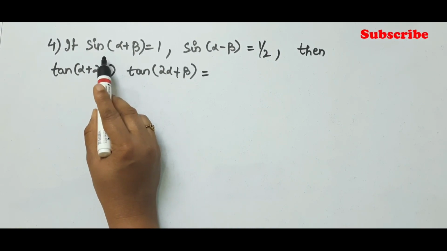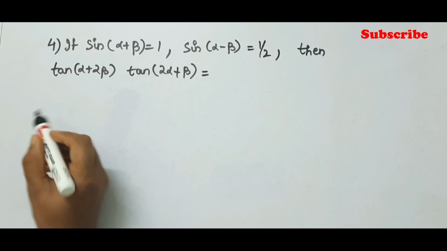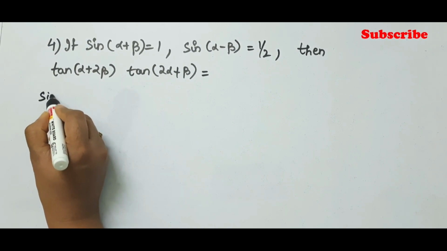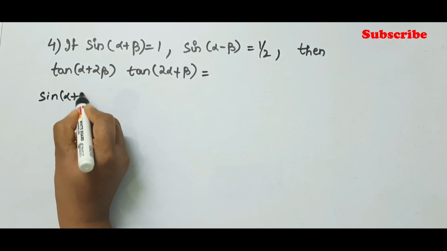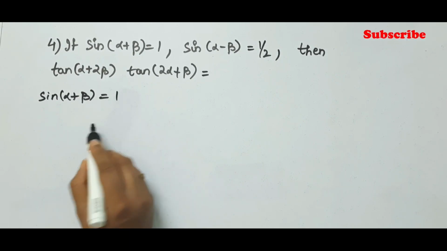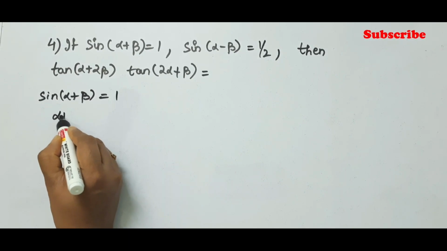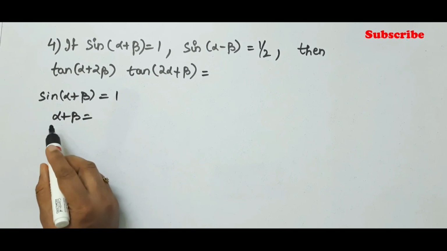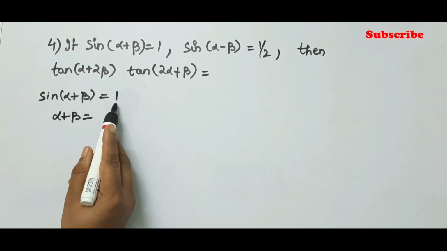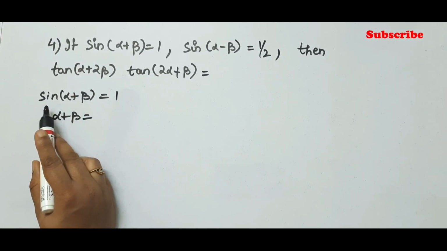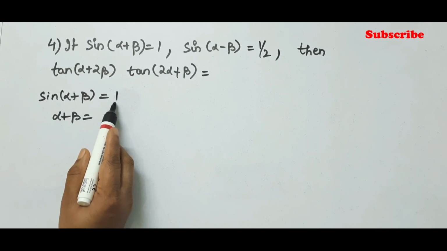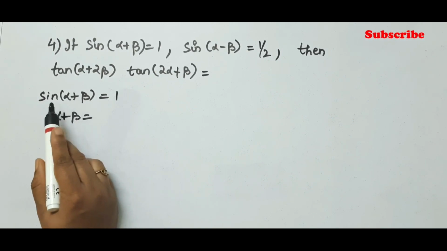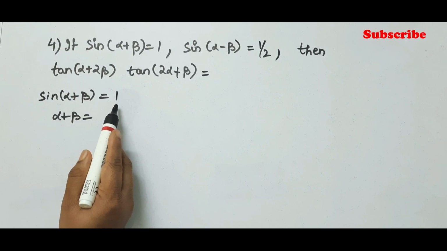So here they have given sine of alpha plus beta is equal to 1, is it not? So sine of alpha plus beta is equal to 1 means alpha plus beta is equal to the angle at which sine of theta is 1. We get sine of theta as 1 at pi by 2, is it not?